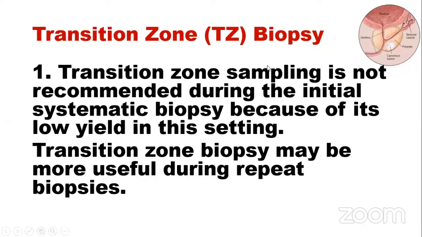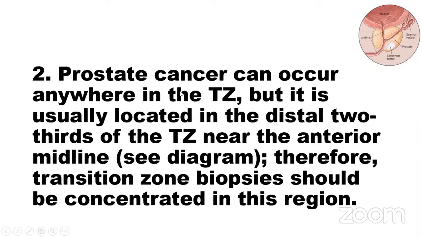Transitional zone biopsy. Transitional zone biopsy sampling is not recommended during the initial systematic biopsy because of its low yield in this setting. Transitional zone biopsy may be more useful during repeat biopsy. Prostate cancer can occur anywhere in the transitional zone, but it is usually located in the distal two-thirds of the transitional zone near the anterior midline.